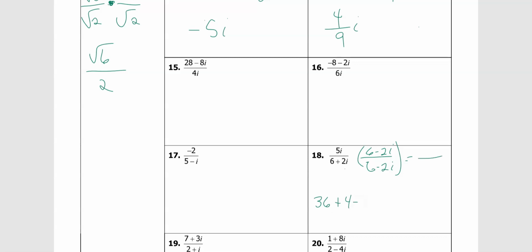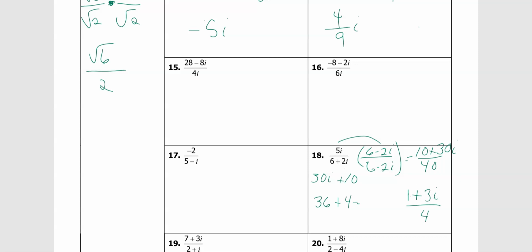So our denominator will be 40. And then 5i times 6 is 30i. 5i times negative 2i is positive 10. So we have 10 plus 30i over 40. All of these numbers are divisible by 10, so we're going to simplify. We're going to have 1 plus 3i over 4.